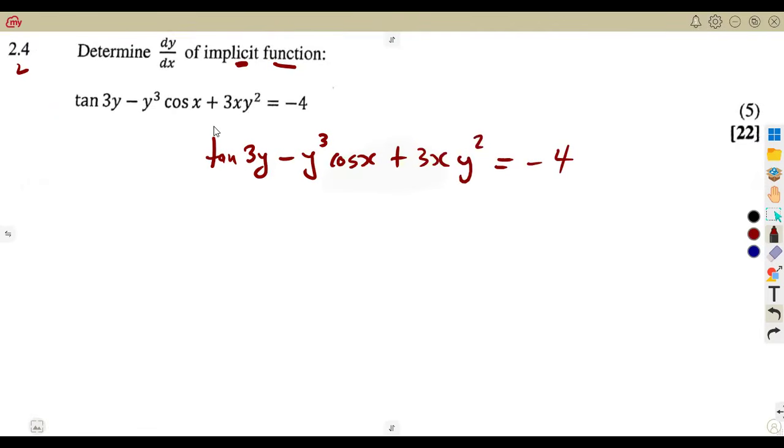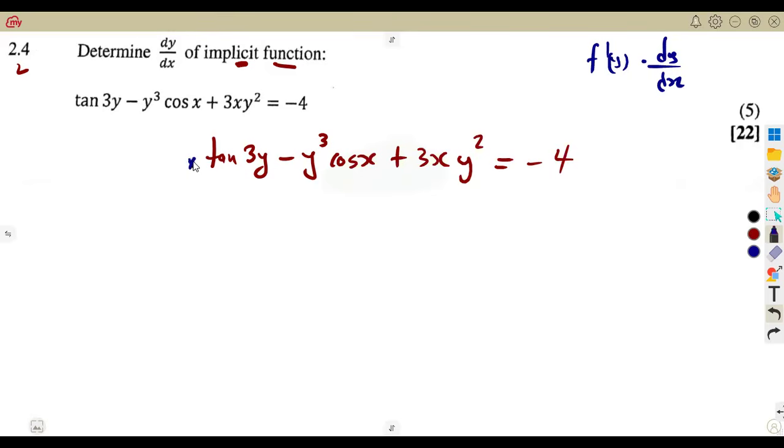If we are to consider the implicit function, remember, it's just a part where if you are differentiating y, you just differentiate the part of y as it is, but do not forget to multiply with dy dx. So you're supposed to differentiate each and every part.